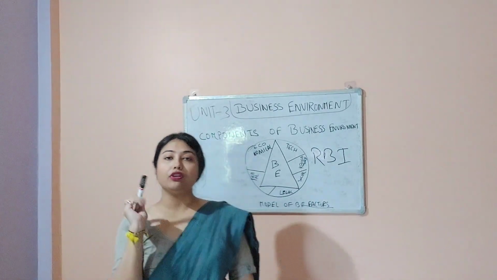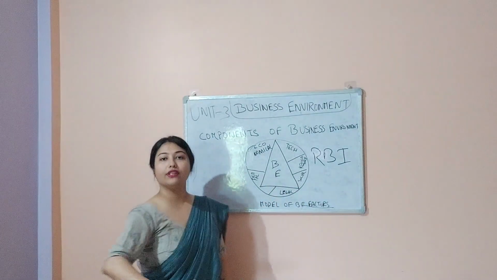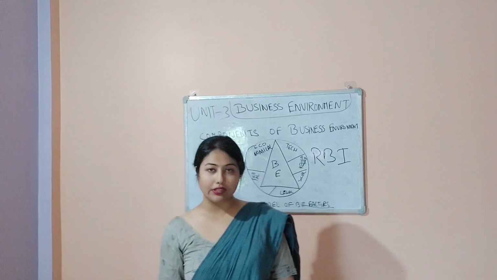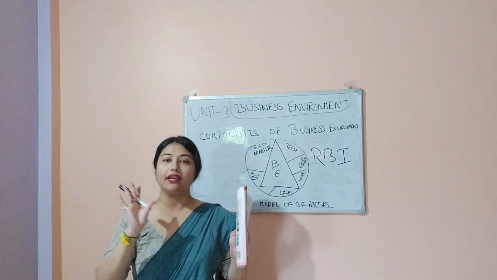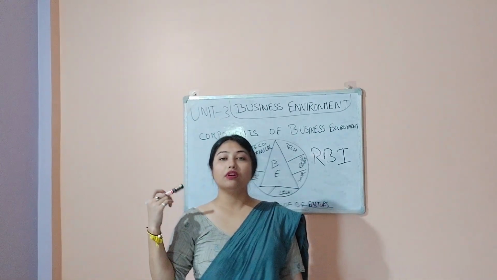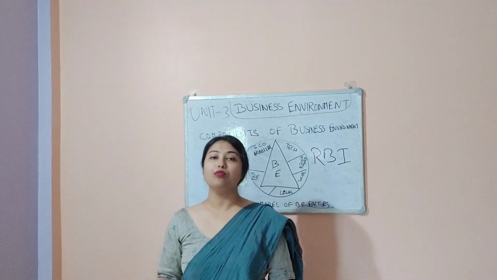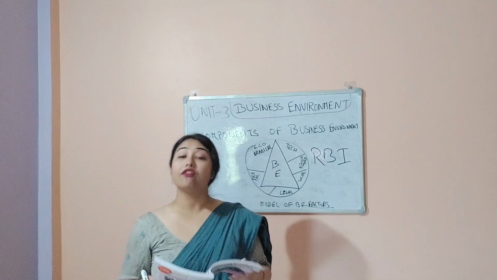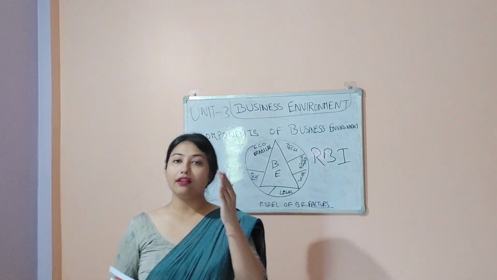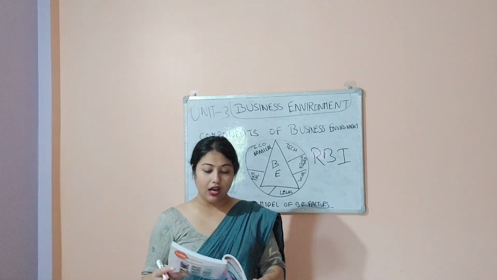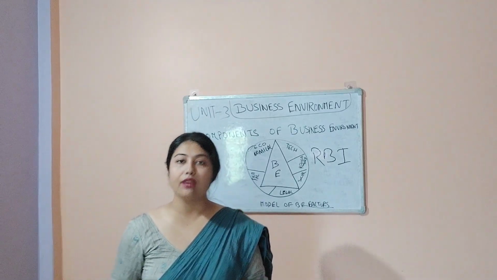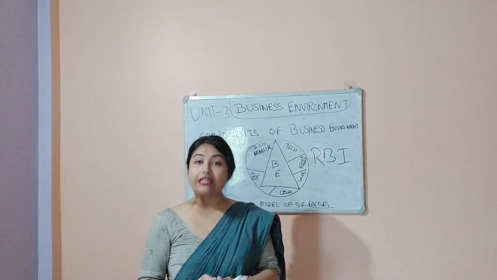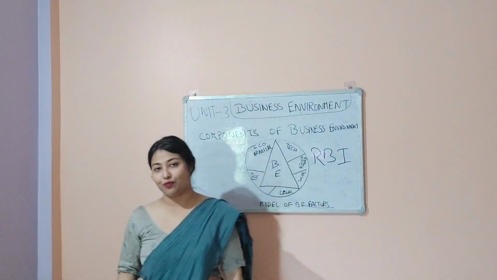Unit 3, chapter 2 is completed with business environment, characteristics of business environment, importance, and now components of business environment. This is the end. Unit 3, chapter 3 comes with the economic environment in India. When the economic environment came in India, when liberalization came, globalization, new industrial policy, new trade policy, this I am going to explain in the next chapter.